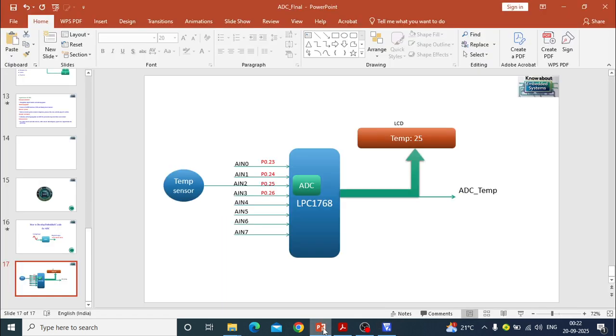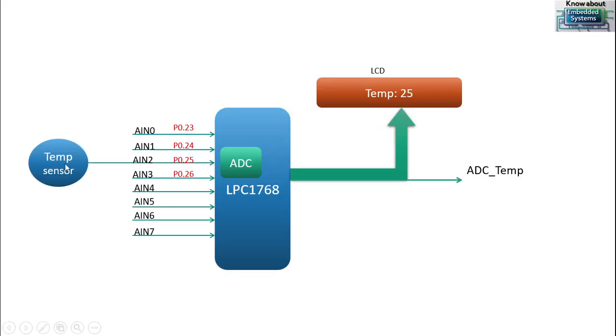Please remember one important thing: which channel we have configured. Watch the video once again, I have already explained. We have configured analog input to P0.25, and we are assuming that there is one sensor. If you have an LCD you can display output on the LCD, but today I do not have an LCD, so instead I'll be showing the output directly on one global variable.